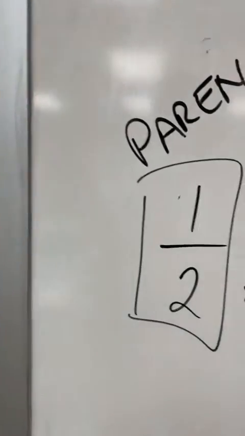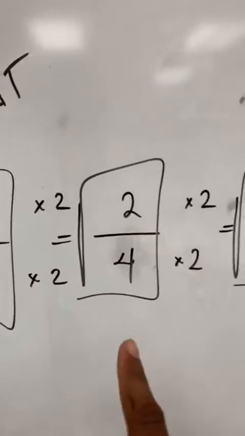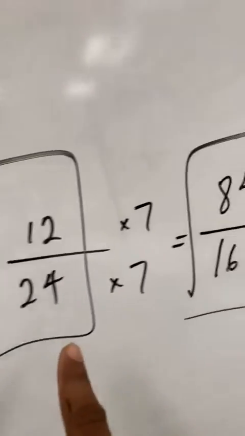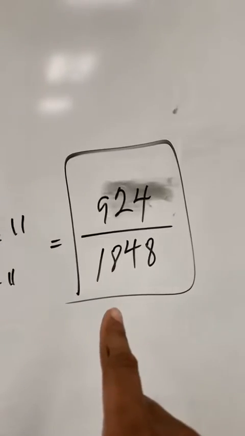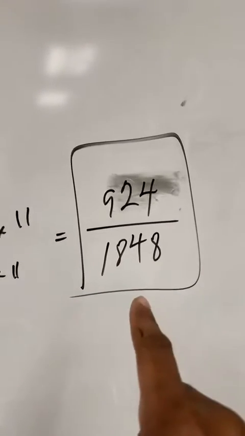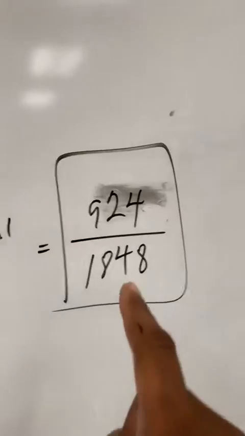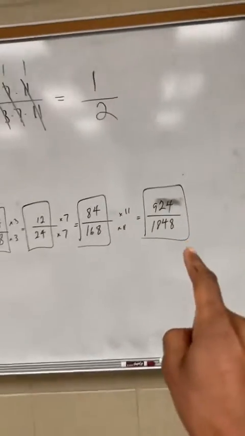Sometimes it's just better to break down all your numbers into factors. So your parent is 1/2, child, grandchild, great-grandchild, great-great, great-great-great grandchild, right? So reducing fractions is starting way over here and going backward.